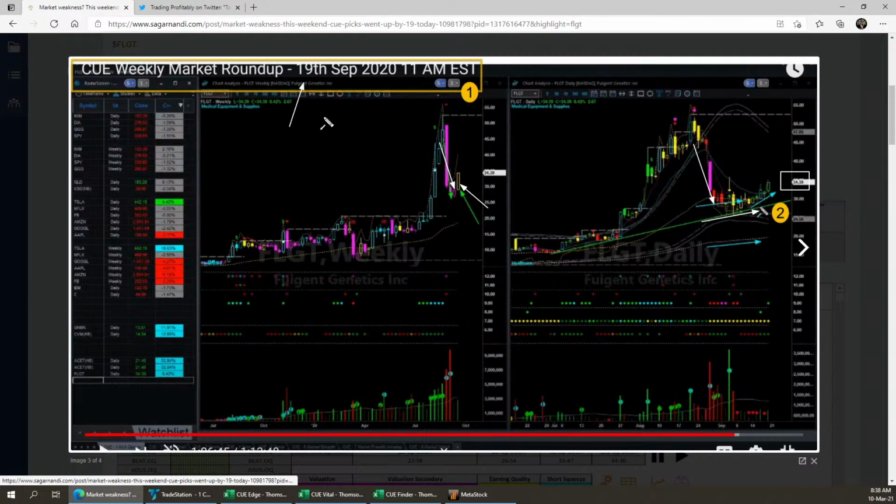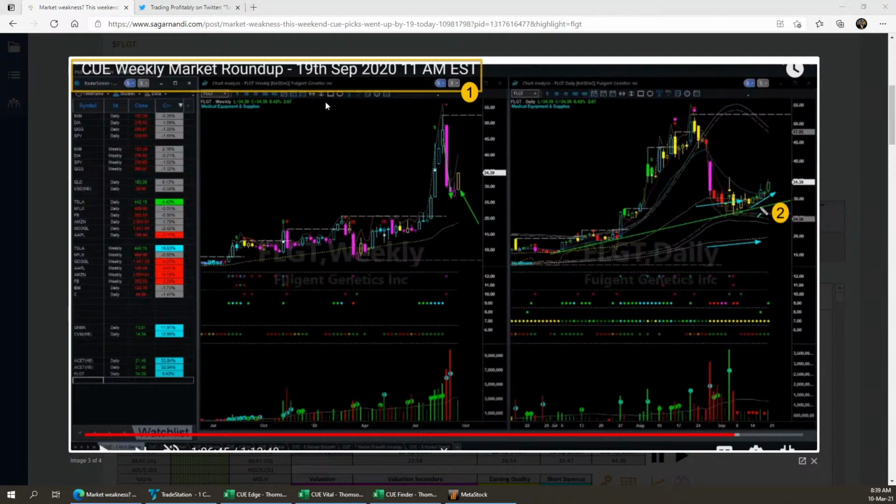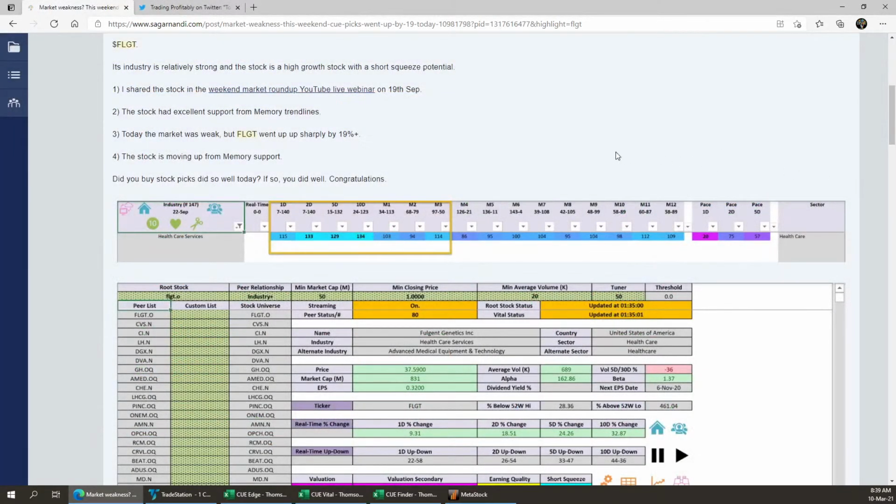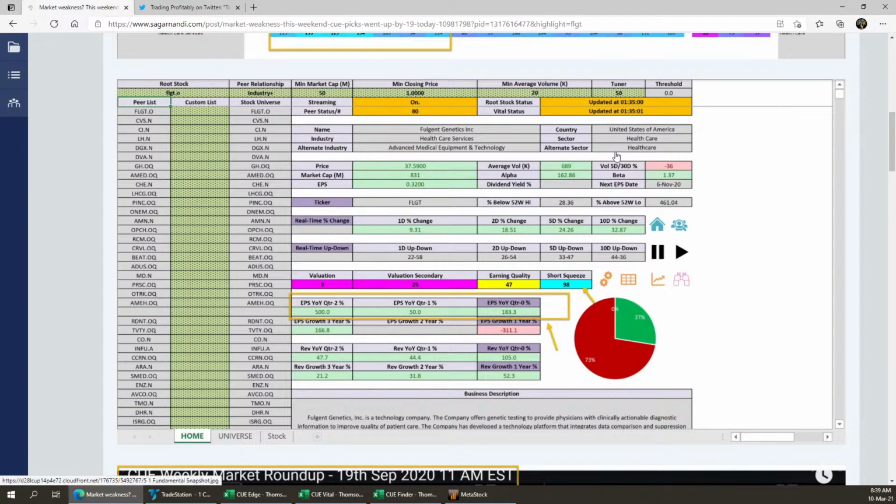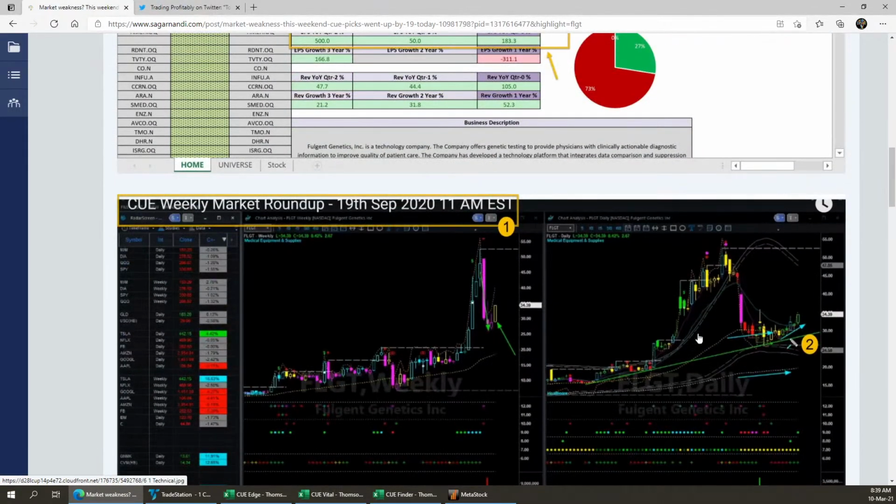Actually, this I shared on 19th September 2020, and I followed up with the forum post on 22nd. That was when price was 34, around that range, when I first shared it in the weekend market roundup.